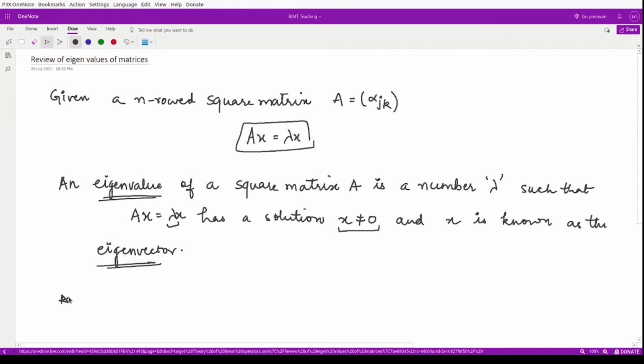So next is the definition for eigenspace. Now what is eigenspace?